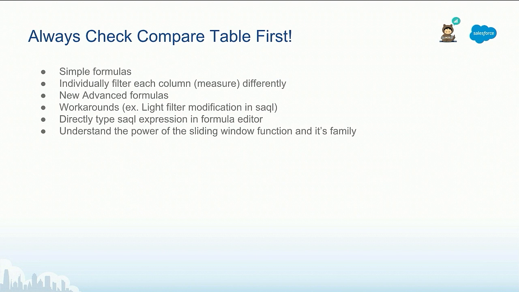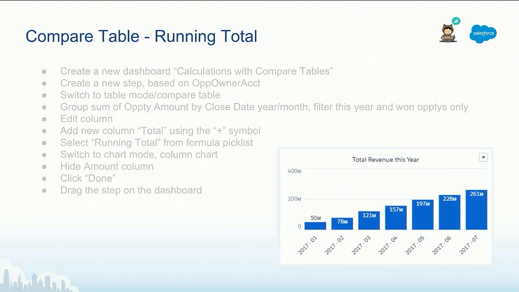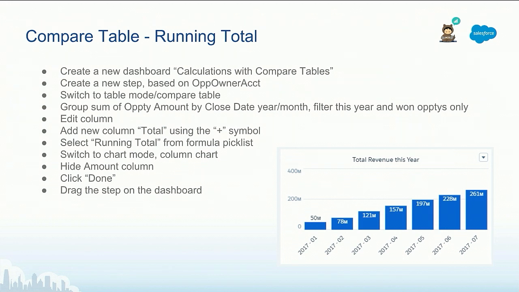And it's always good, even if you know you're going to end up with SAQL, to start with the compare table and then switch to SAQL, so at least you already have parts of the queries, the filters on different columns, and certain manipulations, and you continue editing in SAQL. For example, in the compare table, you can always get the running total.